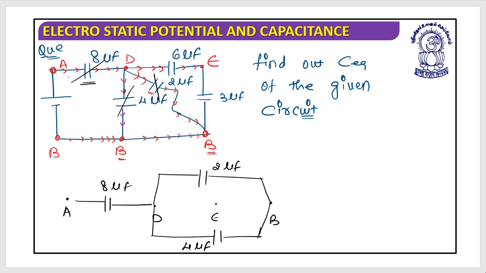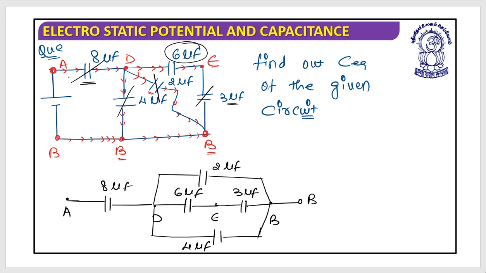Now I need to go from D to E, with a capacitance of 6 microfarad. So this is 6 microfarad, and from E to B it would be a capacitance of 3 microfarad. So the thing would look like this. This is B. I hope this is clear to you. Is it visible clearly?